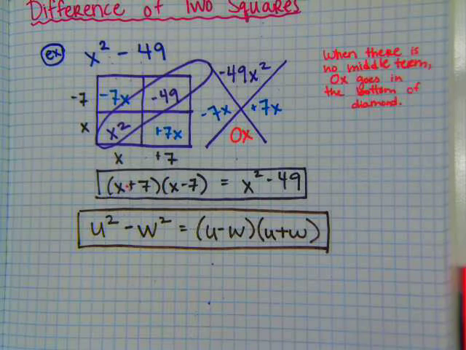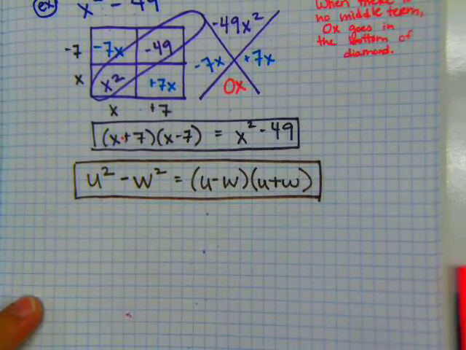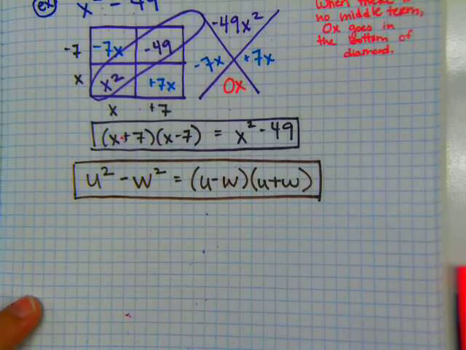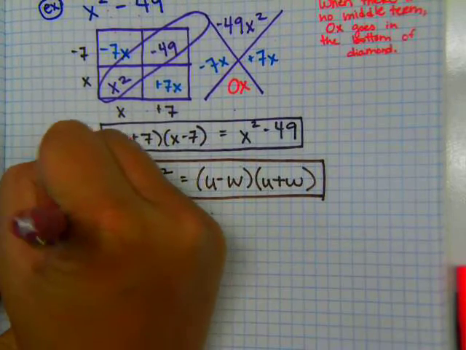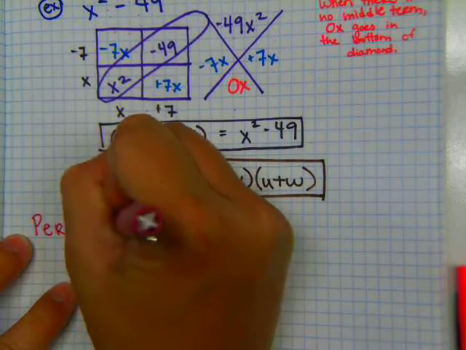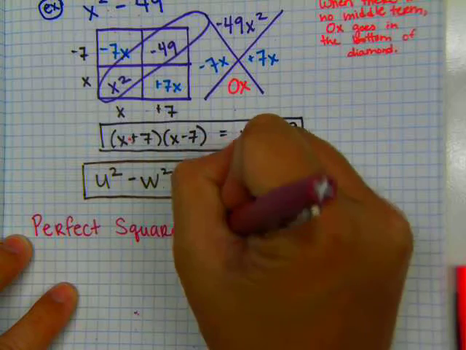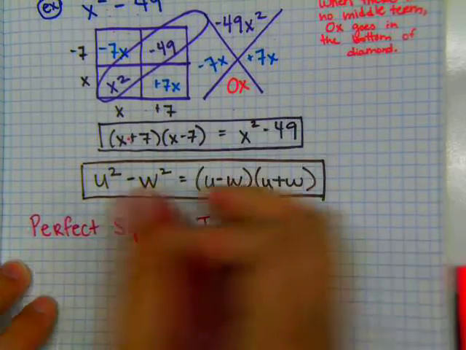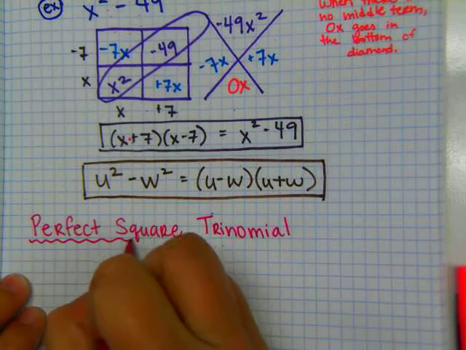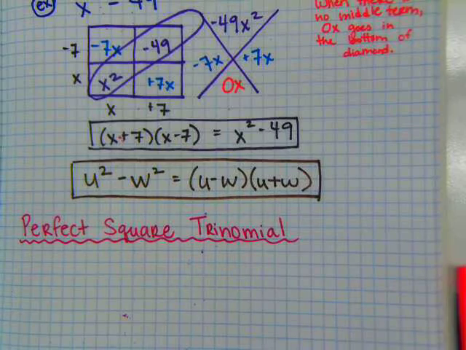Okay, and now the next special case is going to be a perfect square trinomial.